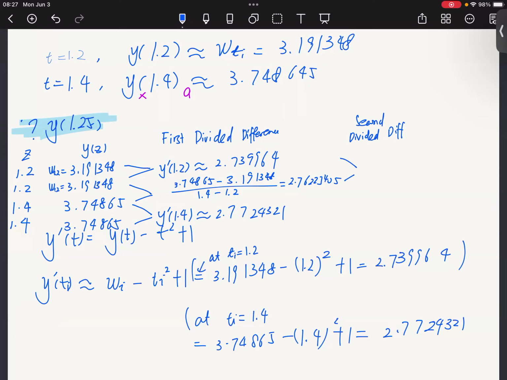And then the denominator should be 1.4 minus 1.2 here. Let me see. Yes, and here doing the finite difference, and then you would get the values throughout the table here.